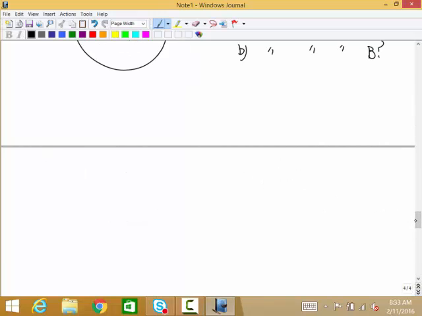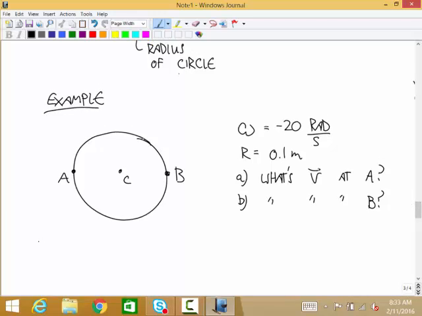At A, omega is negative 20, which means it's moving clockwise. So the direction of the velocity vector is this way.